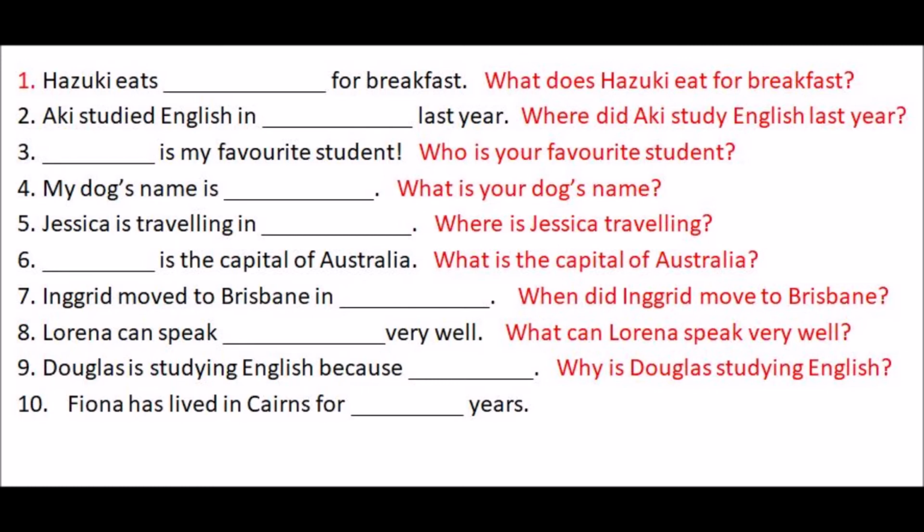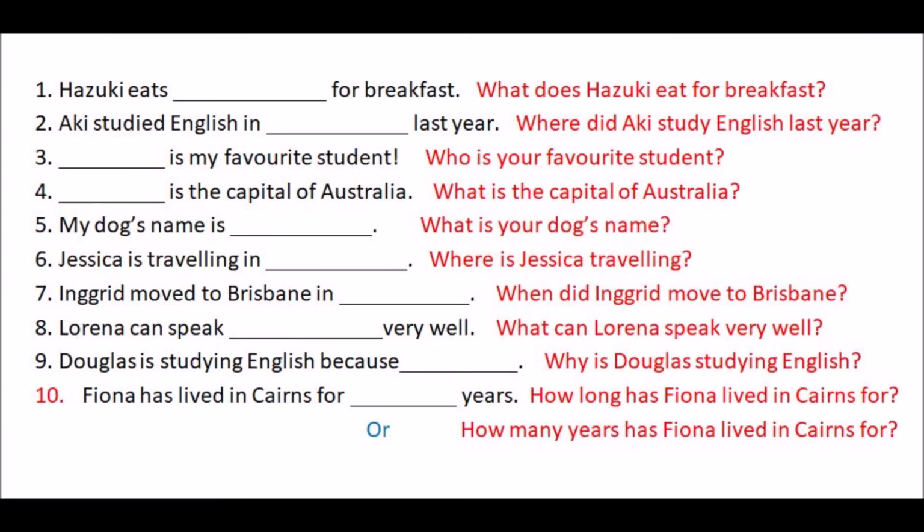Number 10, Fiona has lived in Cairns for years. And the question is, how long has Fiona lived in Cairns for? Or how many years has Fiona lived in Cairns for?